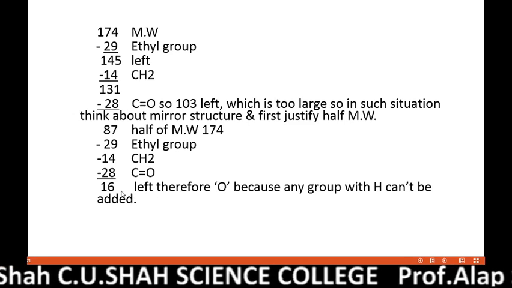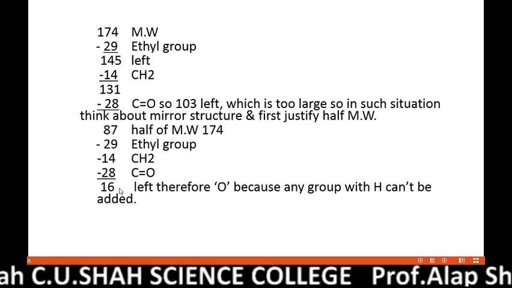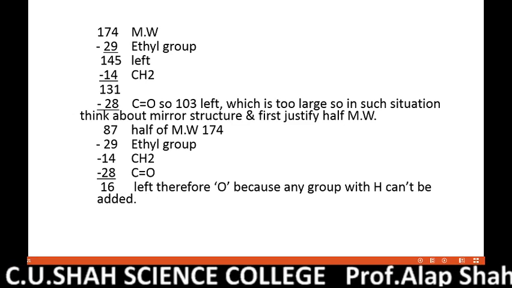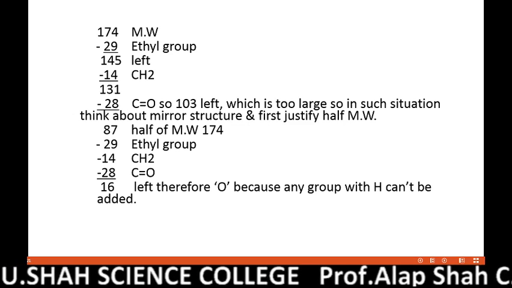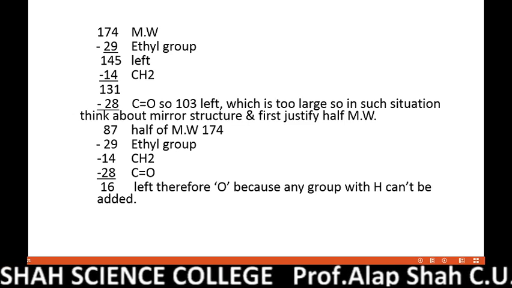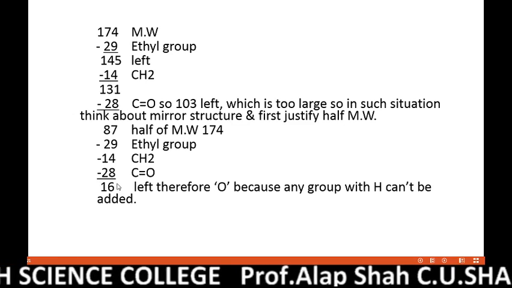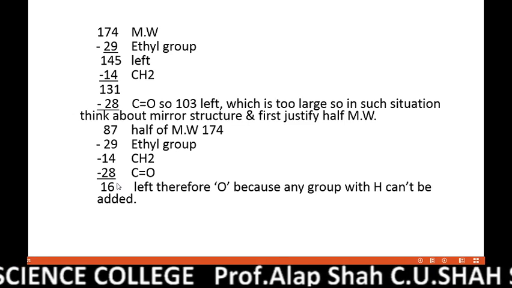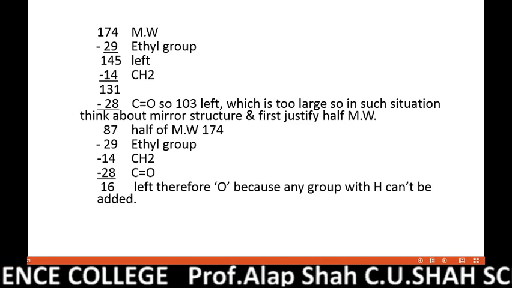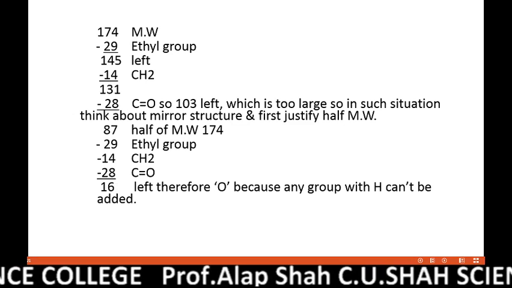Another possibility is NH2. Friends, always remember that only three signals are given and we have solved them. Whenever you want to add this remaining value, you can never add any more protons, because you have to justify the signals.